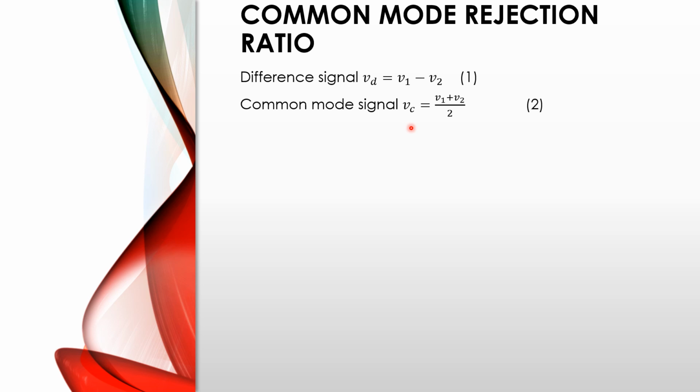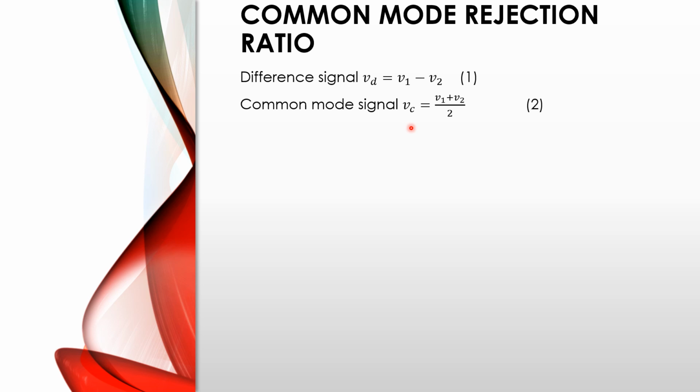This is equation 2. So the difference signal is Vd, equal to V1 minus V2, and the common mode signal is Vc, which is represented by V1 plus V2 divided by 2. This is the average of the two input signal voltages, right?